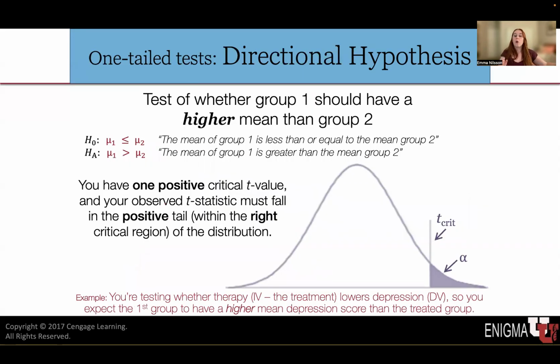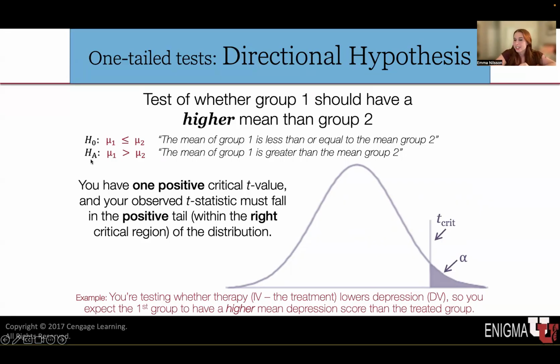One-tailed tests, on the other hand, are not difference hypotheses, but they're directional hypotheses because they specify a direction. Let's look at the positive one-tailed test first. When you have a positive one-tailed test, you're testing whether group 1 has a higher mean than group 2, and that order is very important.